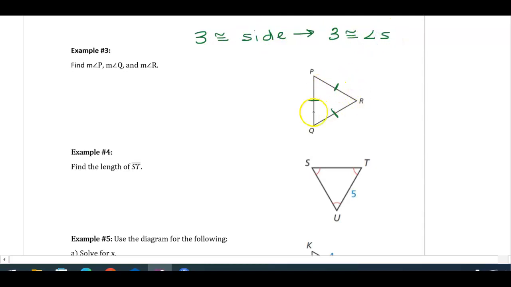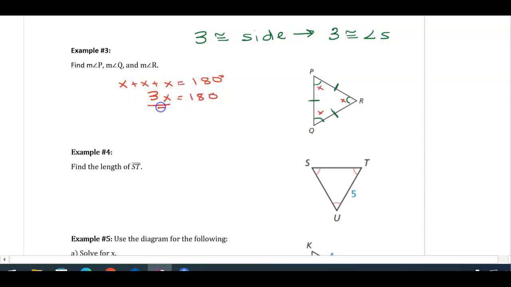Because this has three congruent sides, that means this angle, this angle, and this angle are all going to be the same. If I call each one of these x degrees, we know that all three of these have to add up to 180. So x plus x plus x equals 180, or 3x equals 180.